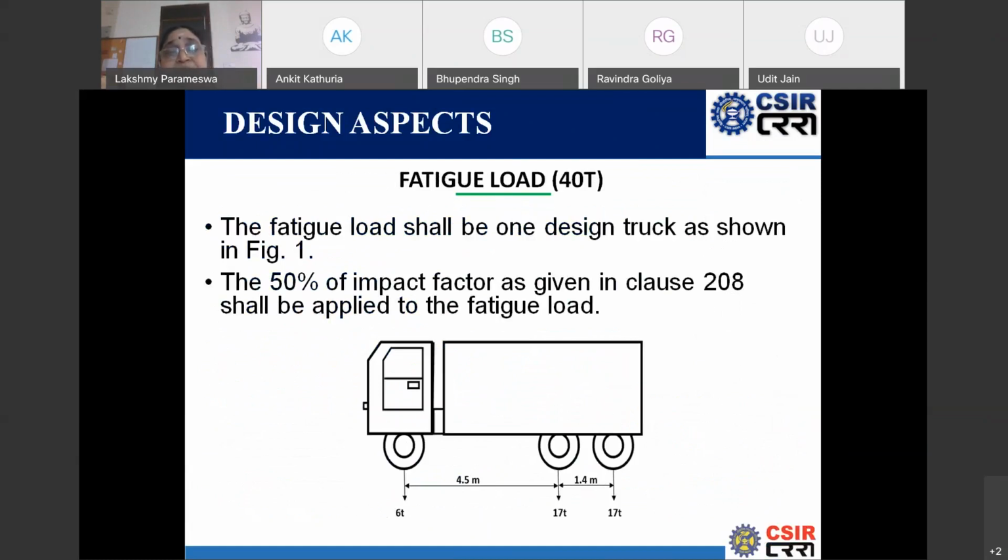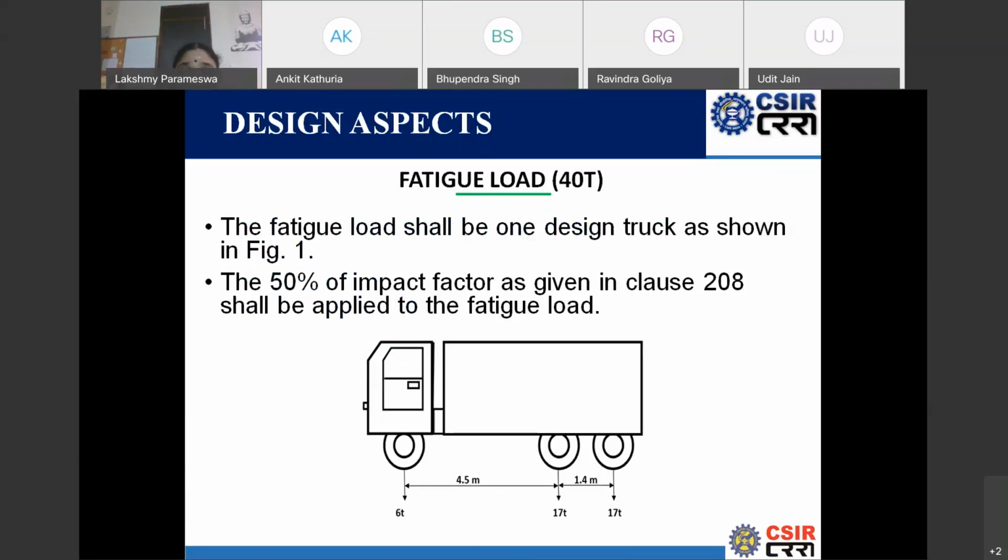Now another aspect is the fatigue vehicle. Actually, fatigue becomes important for the steel which is embedded in concrete, especially if you are doing some welding of the reinforcement, or if you are using some coupler for enhancing the length, or also for the anchorage of the PSC girder.